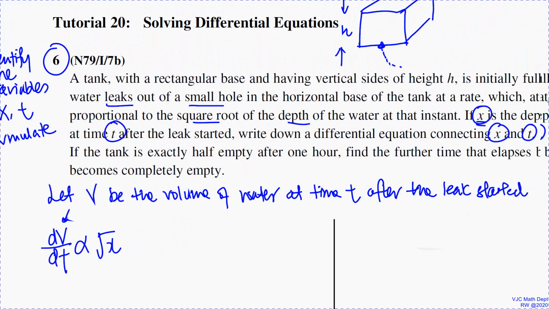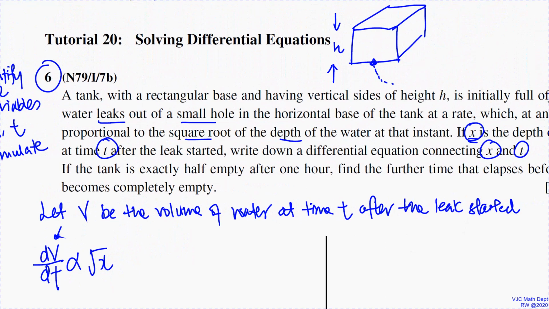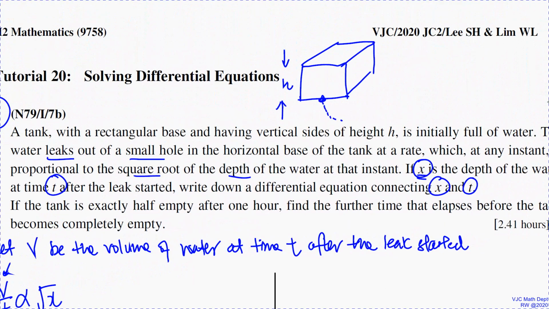V is the volume of water at any point after the leak started. After the leak happened, the height of water is x.